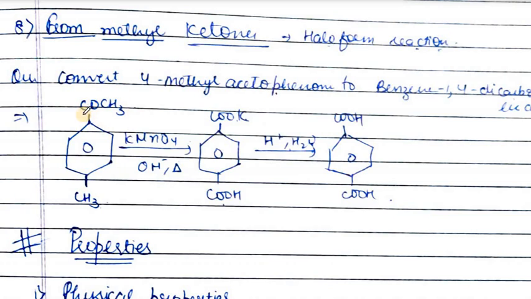It has to give 2 COOH groups. First we convert it into the potassium salt with KMnO4 in basic medium, then upon hydrolysis this is converted into COOH, and the methyl is oxidized to COOH in the first step. So we can easily get the carboxylic group.